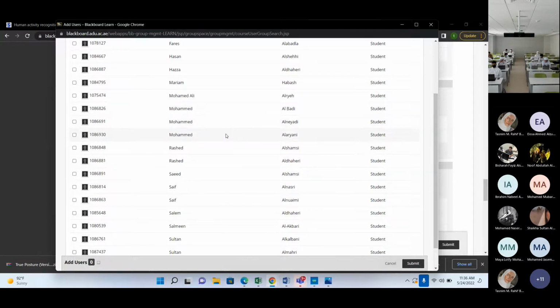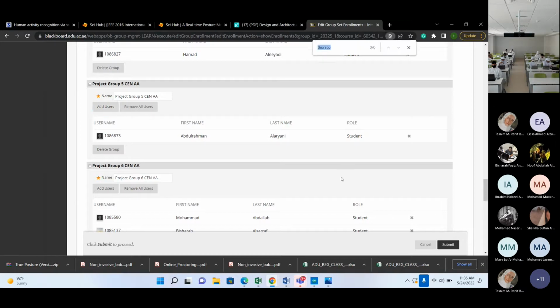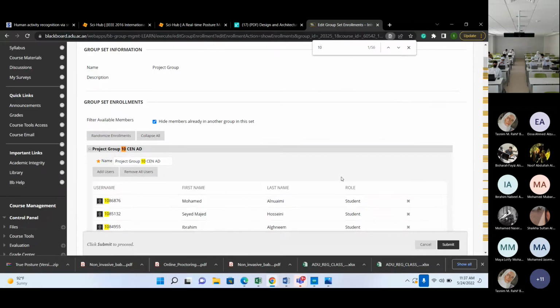Maybe there are two Mohammed Al-Naimis. Just give her the last 3 numbers of your student ID. Saif Al-Naimi, what's your ID?